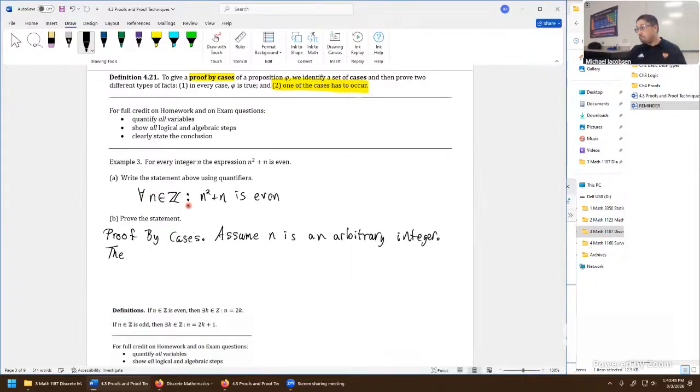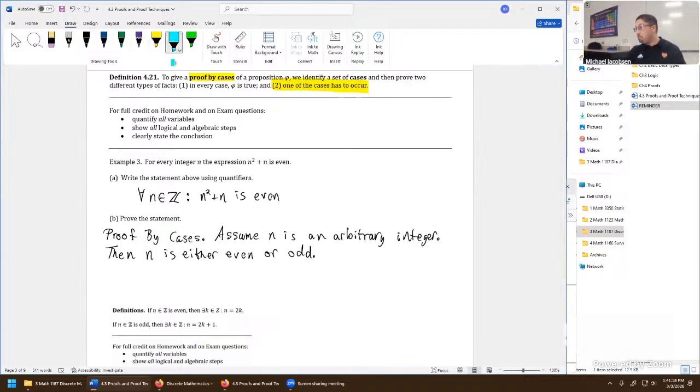Then n is either even or odd. And that's a mathematical fact I think everyone will believe. We have a nice dichotomy of numbers, integer numbers. They're either even or odd, and there is no middle ground. 0 is even, for example. You can get zero is even by picking k to be the 0 value right there.